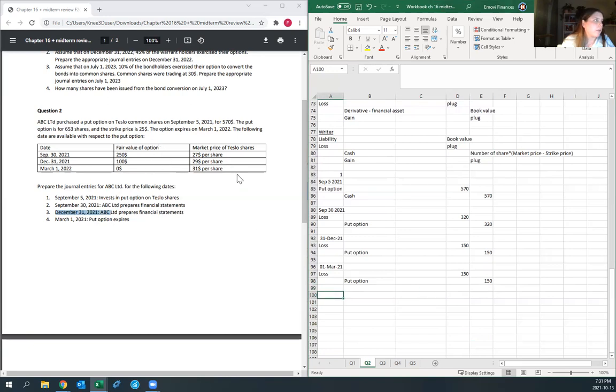And I have the market price. So I have everything. They would have exercised on December 31st, 2021. They would have had an investment of 653 shares times the market price of $29.